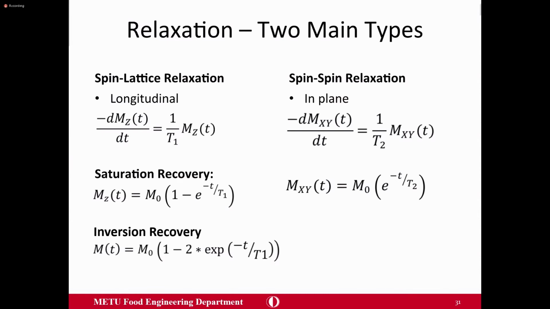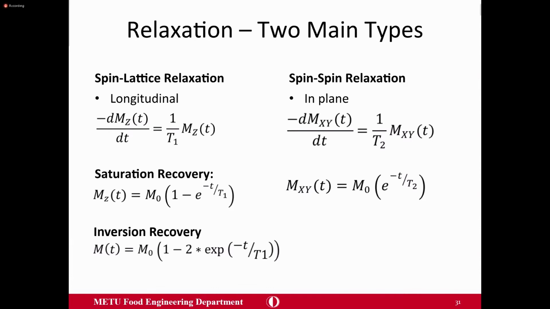On the other hand, in the XY plane, the transverse magnetization will slowly disappear. That is why for T2 we have an exponential decay, while for T1 we have a recovery.